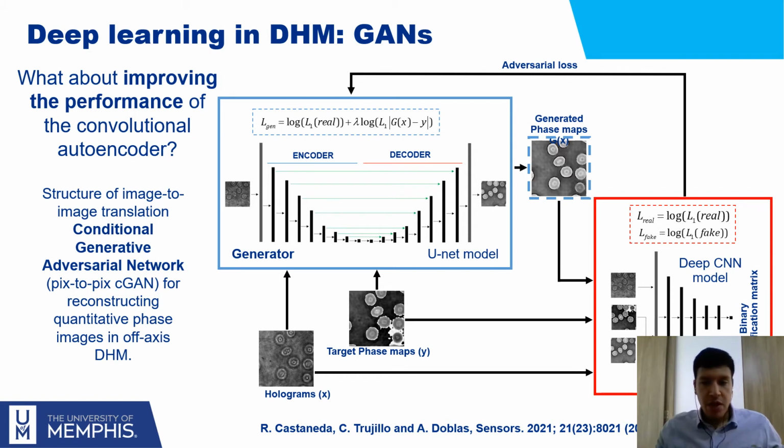So, what is the proposal then? We are thinking of exactly the same problem, that is to map raw DHM holograms to phase compensated images, and using a similar data set of the kind of samples that we use in DHM, we train a convolutional generative adversarial network.